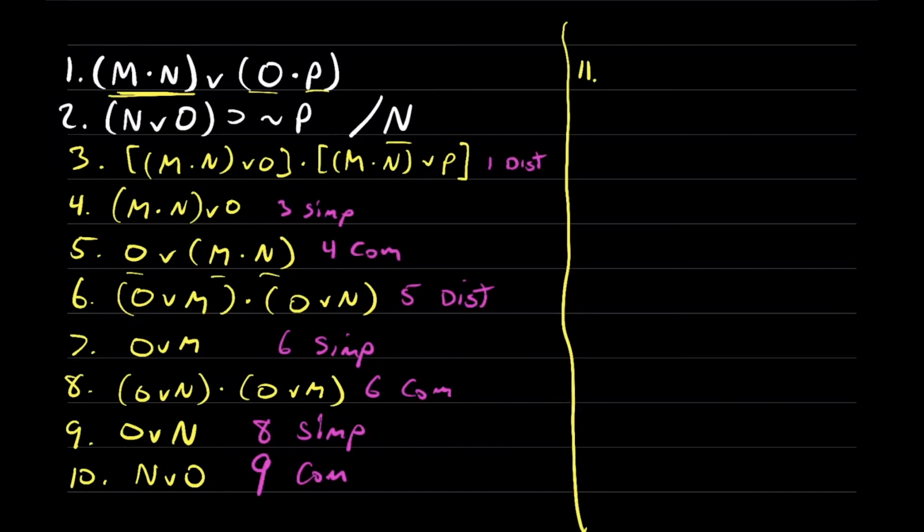Once we have N or O, we know that not P would have to be the case, right? That would follow now from line 2 and line 10 by modus ponens. Okay, notice now that we simplified line 3 and got the term in brackets on the left, and we haven't done that with the right though.